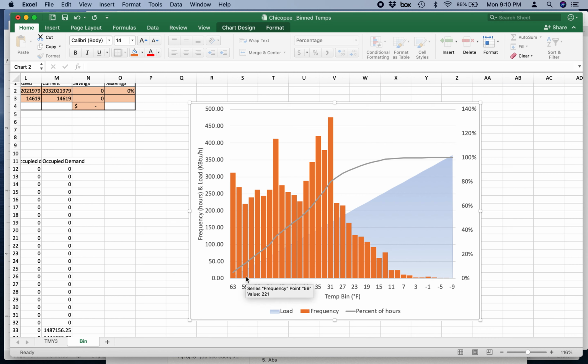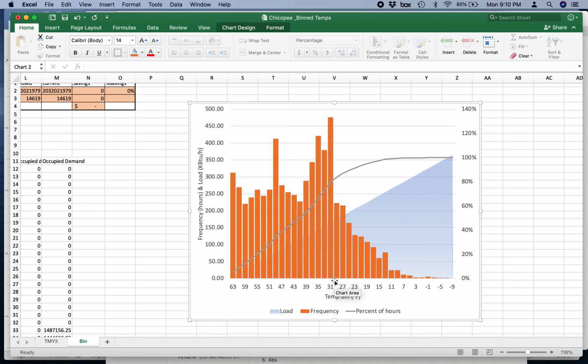And so you can see a few things. First of all, you can see the frequency of these different temperatures. You can see that we get a whole lot of hours in some very mild temperatures, right? If you look visually at the bulk of all these hours, we'd say that most of the temperatures during the heating period are above 31 degrees Fahrenheit.